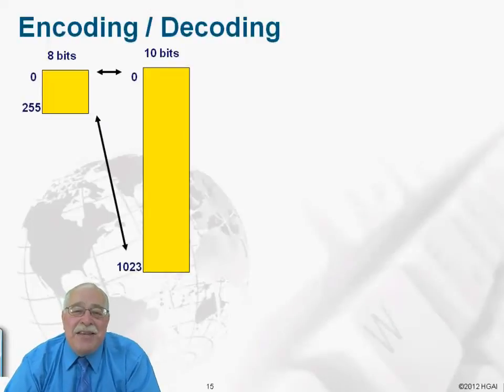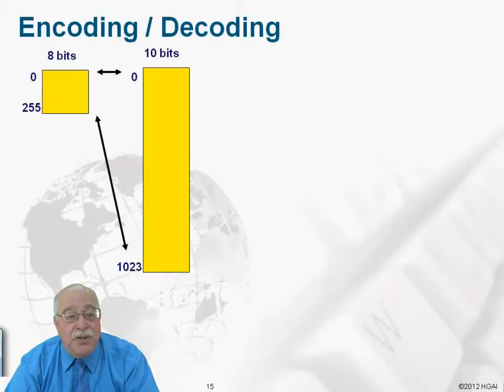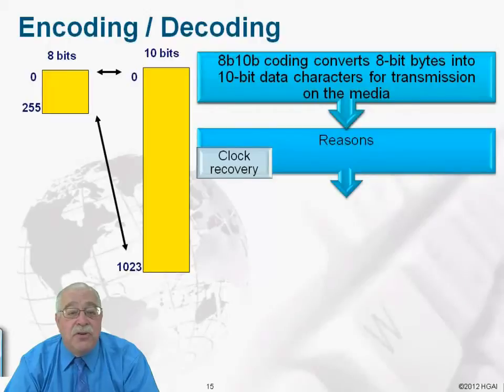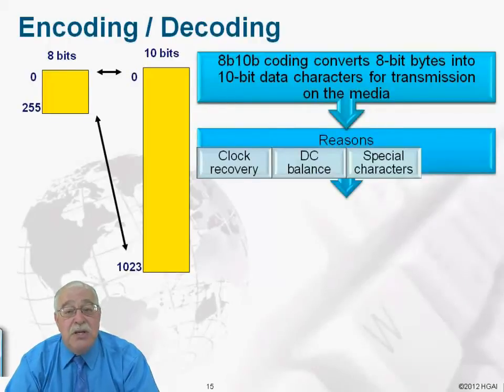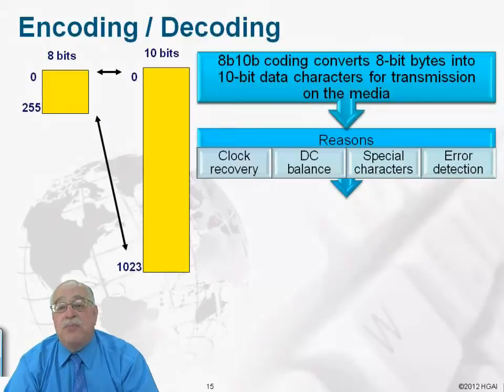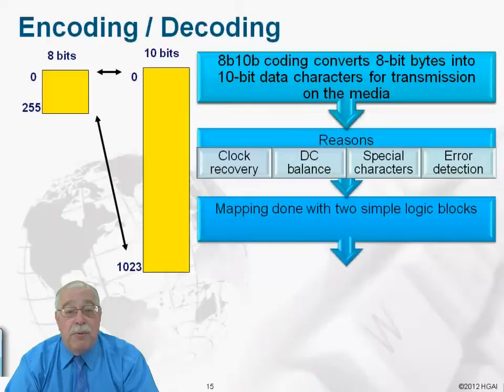As far as the 8b, 10b is concerned, again, there are 256 separate decimal numbers. We don't need all 1024 of the values to represent the data. And the reasons for 8b, 10b encoding were clock recovery, DC balance, the generation of special characters, and the ability to detect a problem in the data stream.